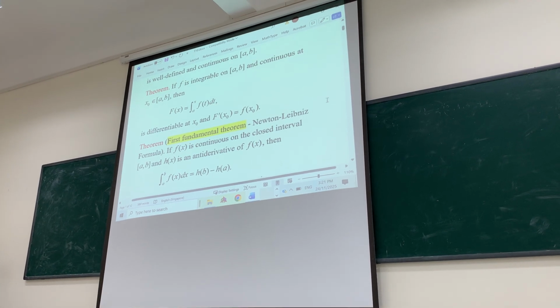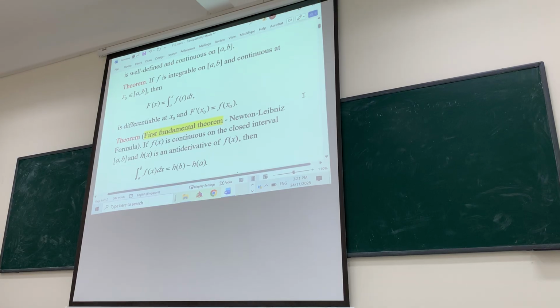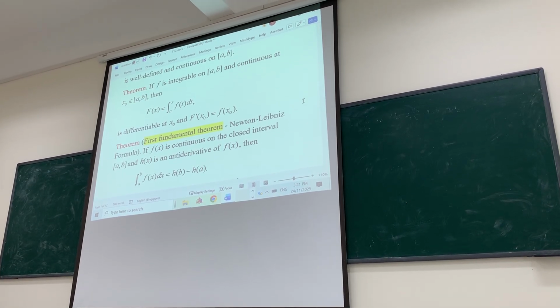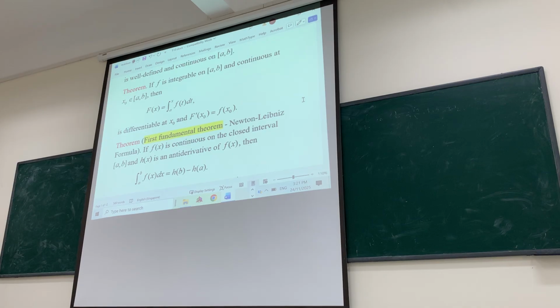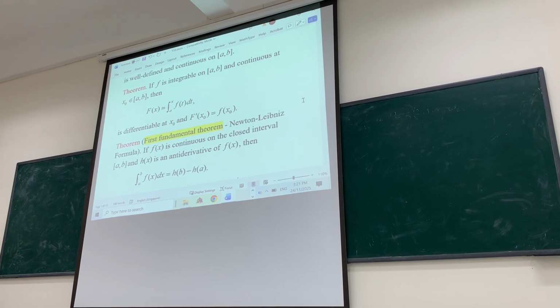First fundamental theorem: if f is continuous on [a, b] and F is an antiderivative function of f, then the definite integral of f from a to b is equal to F(b) minus F(a).